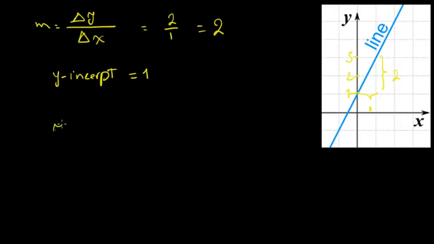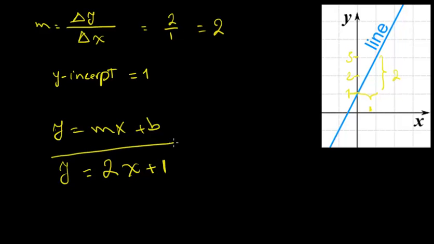Now our equation, y equals mx plus b, and we plug in the numbers. m is 2, the slope is 2, and we have x plus our y-intercept, which is 1. So we are done, and this is the equation for the line in this graph.